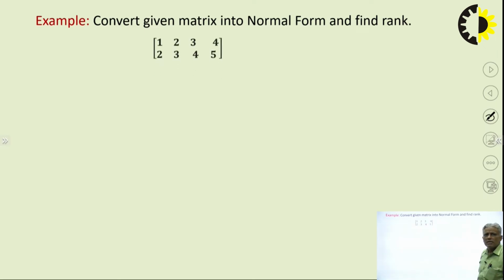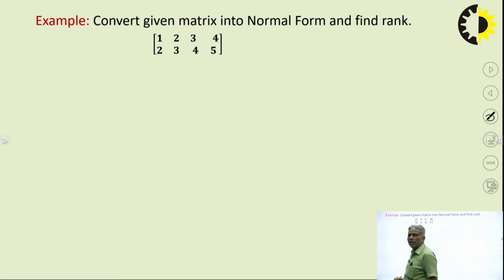So suppose we consider this example of how to calculate the normal form and how to calculate the rank. First of all, the order of this matrix is 2 by 4. Of 2 and 4, 2 is the minimum. So we consider this as the diagonal, and below this all elements should be 0. How to calculate?